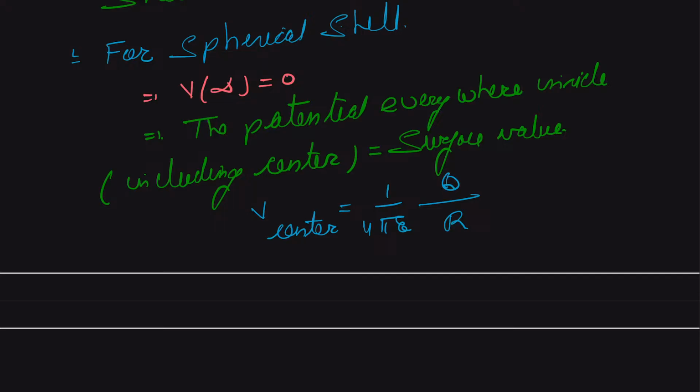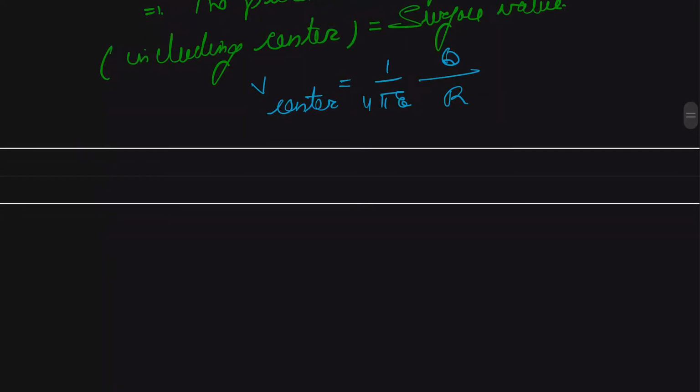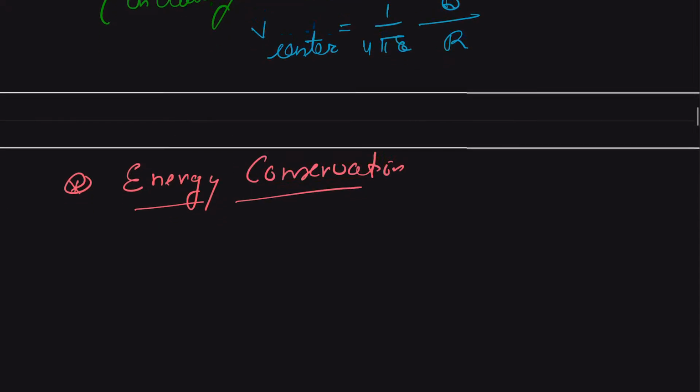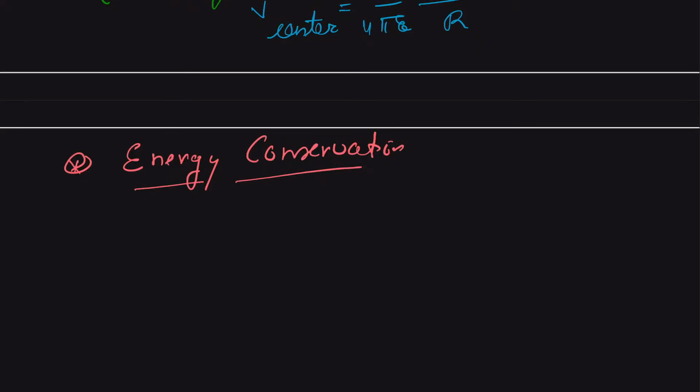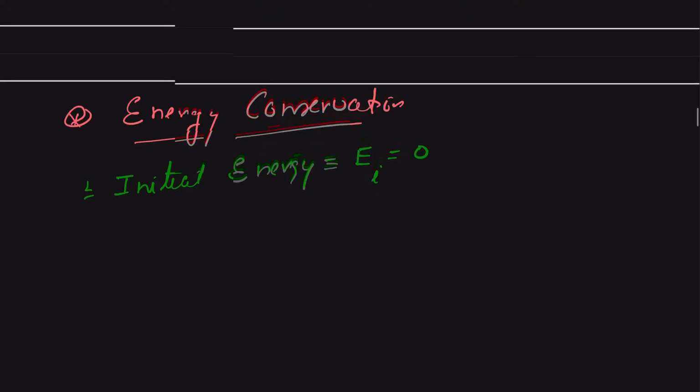And now we are going to use our energy conservation. The particle comes from rest at infinity, therefore we can say its initial energy E of I will be equal to 0.